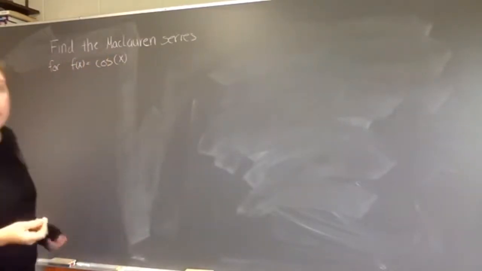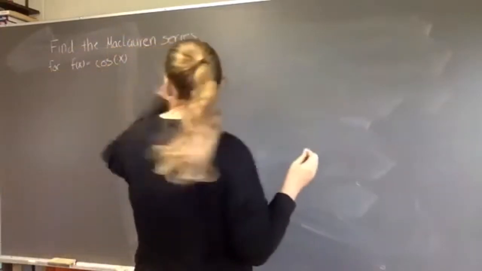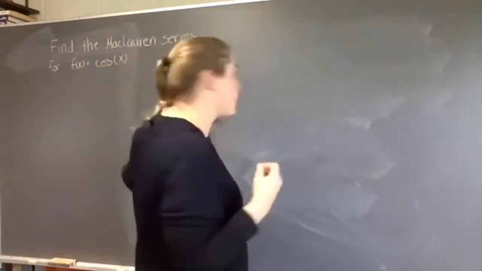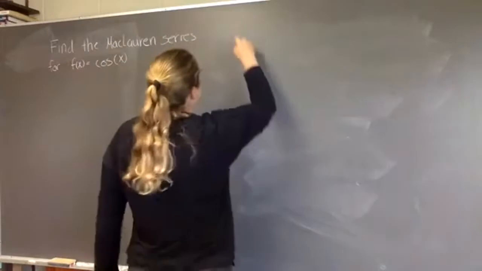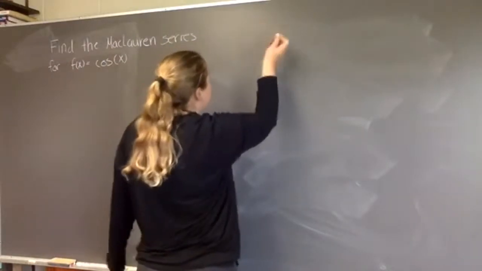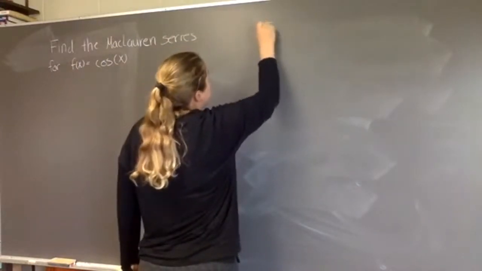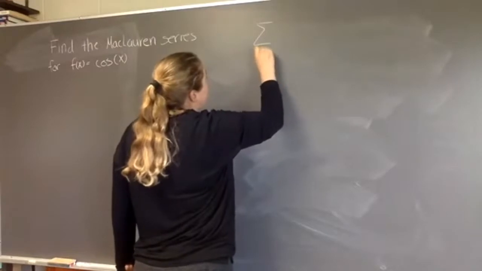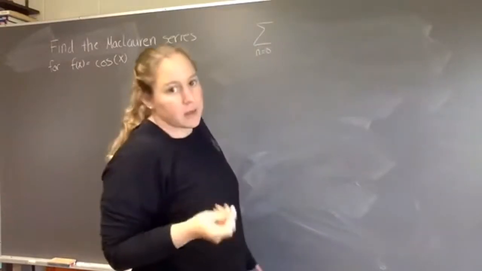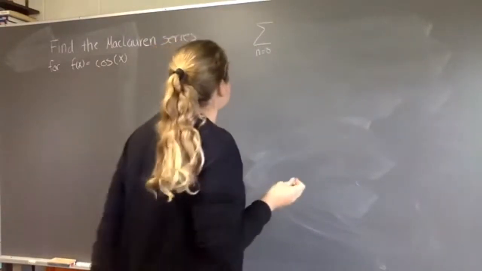So the formula is, I'm going to write it over here because I want to write the derivatives over on that side. So if we recall, the formula for the series is the sum, this is the general formula, not the formula for this specific case.